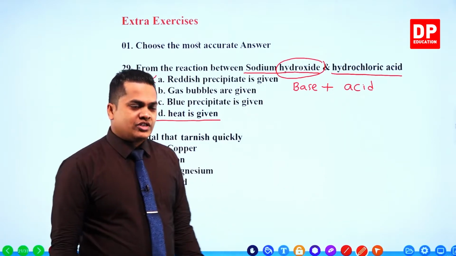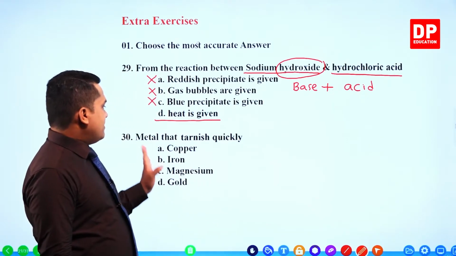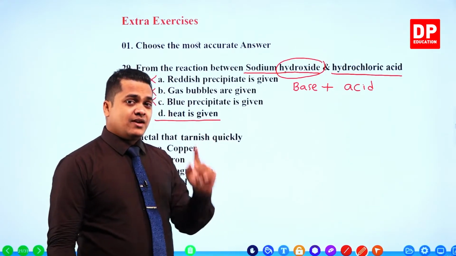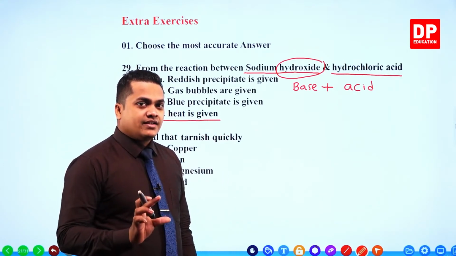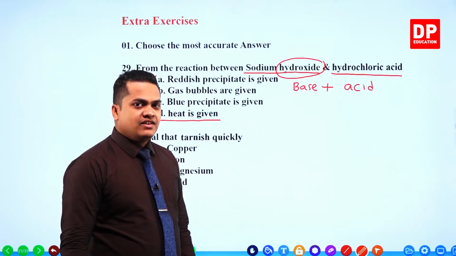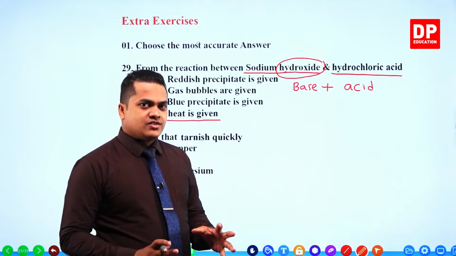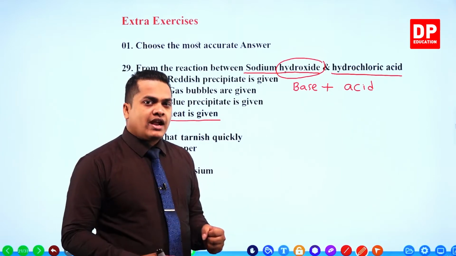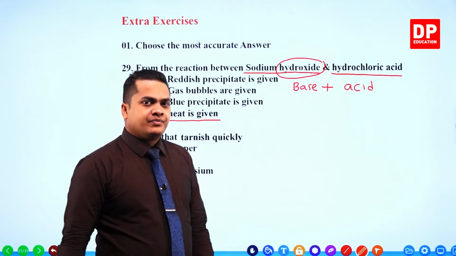So let's come to the question and select the answer. Metal that tarnishes quickly, the opposite of the above one. The metal which is going to tarnish very quickly should have an ability to attract oxygen very quickly.